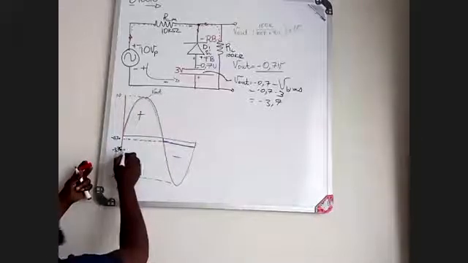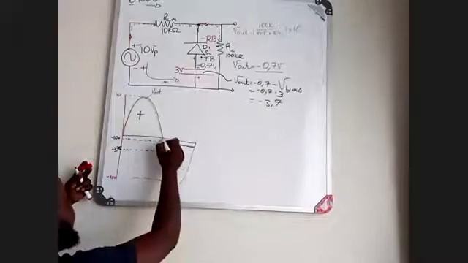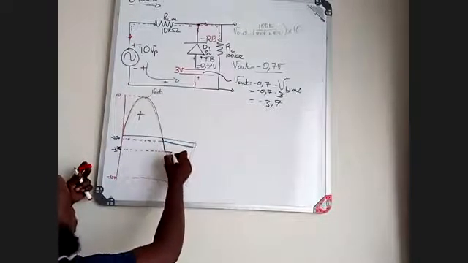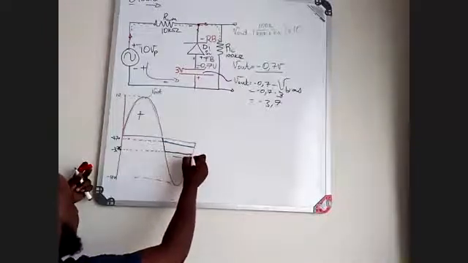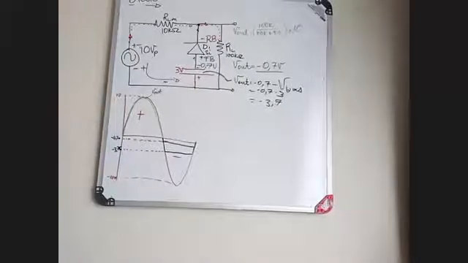Then that is where my output will be. During the negative cycle, that is where you are going to clip off your signal.